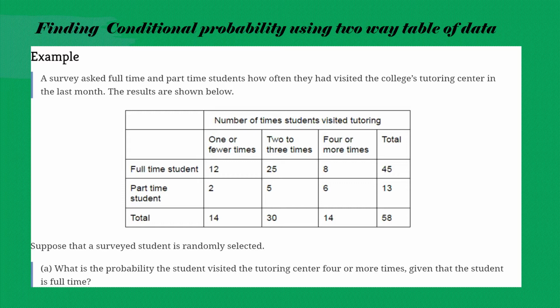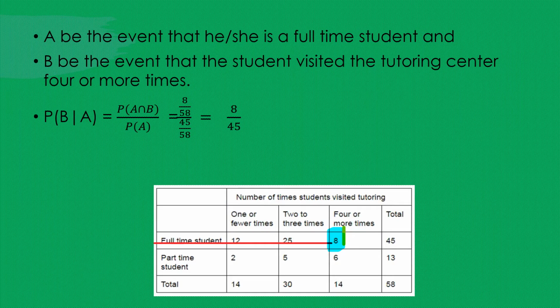So in this case, the full-time student is my event A, and 4 or more times, that is my event B. So if we are trying to find the probability of B given A, P of B given A will be P of A intersection B by P of A. P of A intersection B is as shown in this diagram.